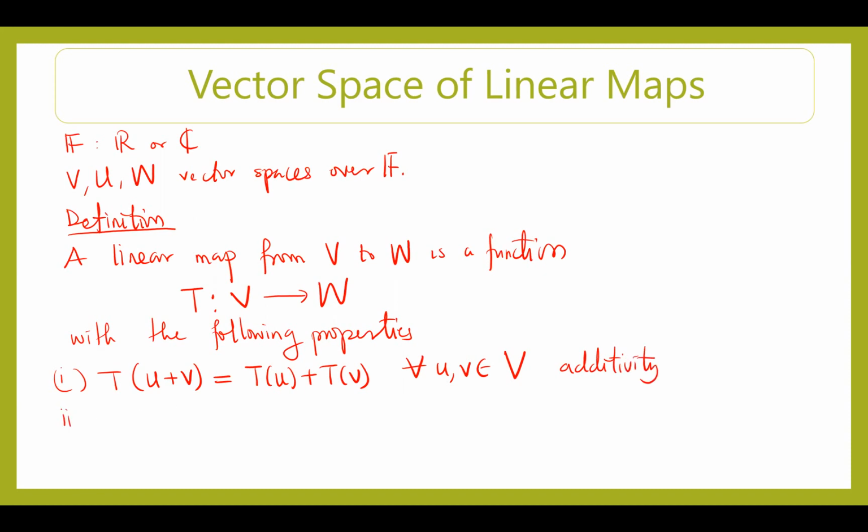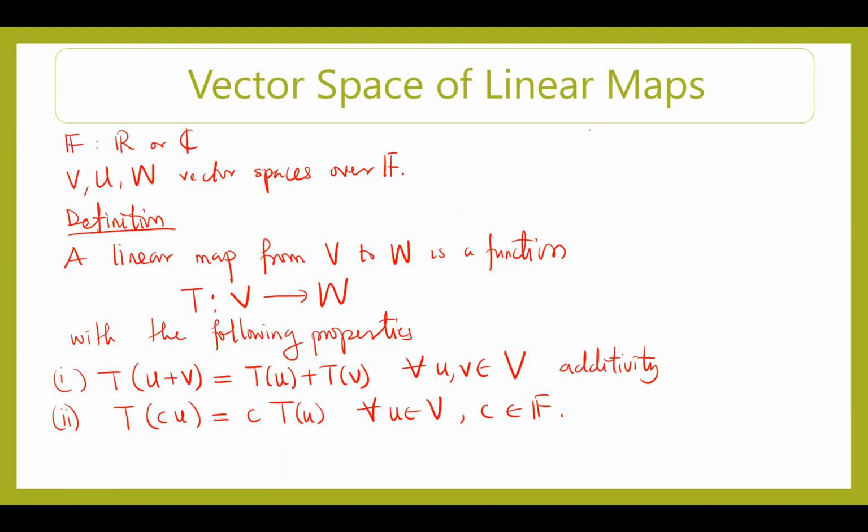And the second property says if T is applied to some scalar multiple times U, I can pull out the scalar. So I will have C times T of U for all U in V and C in this field. Once these two properties are satisfied, I'm going to say T is a linear map or T is a linear transformation.